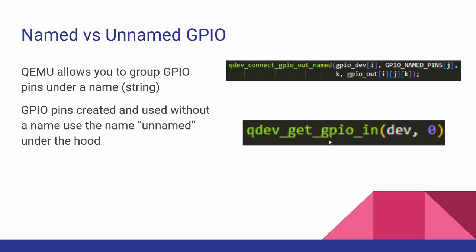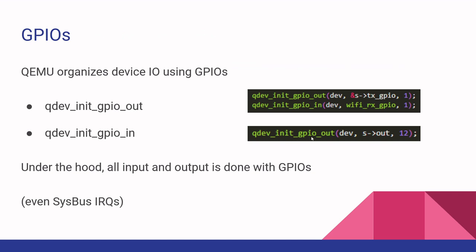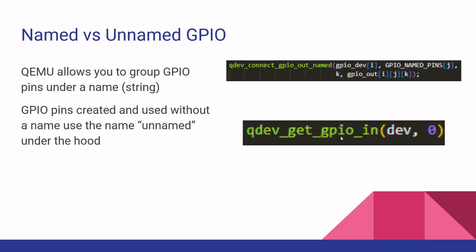Before we get into the depths, we need to discuss named versus unnamed GPIO. QEMU allows you to group GPIO pins under a name, which is a C string. If you create a pin using the init GPIO out function without the underscore named version, it actually just gives it a name, literally the string "unnamed".